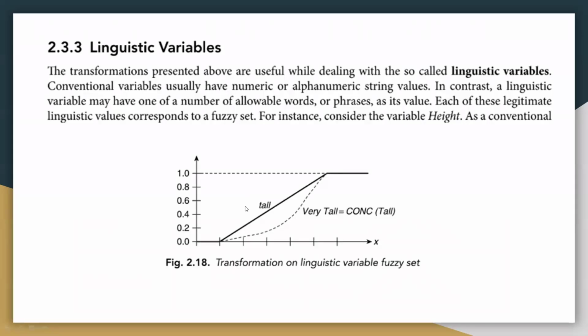Moreover, when you look at the transition from the lower part of very tall to the higher part of very tall, it will be much steeper than the transition from the lower part of the tall graph to the higher part of the tall graph. So you can look at the straight line.